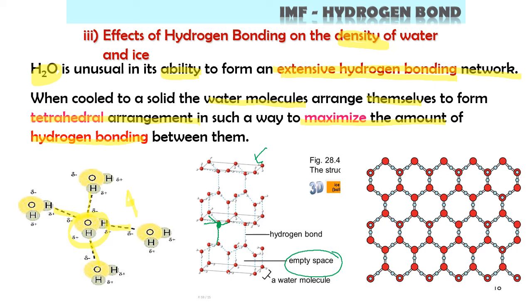So susunan of the water molecule will be like this lah. Dia dapat nicely hexagon begini. So ini adalah kita panggil sebagai open structure. Okay, so apa kepentingan dia kita akan tengok after this.